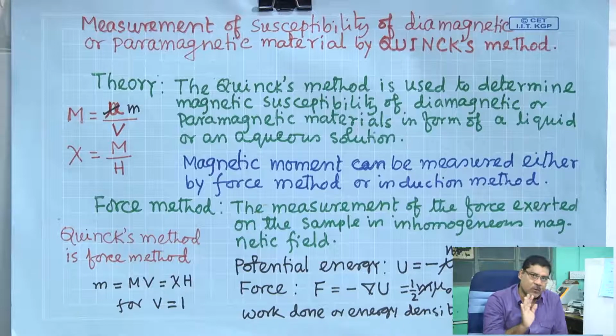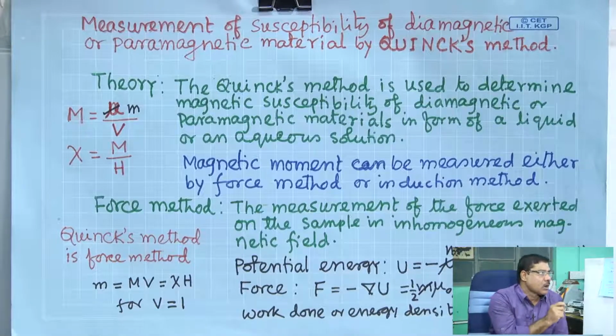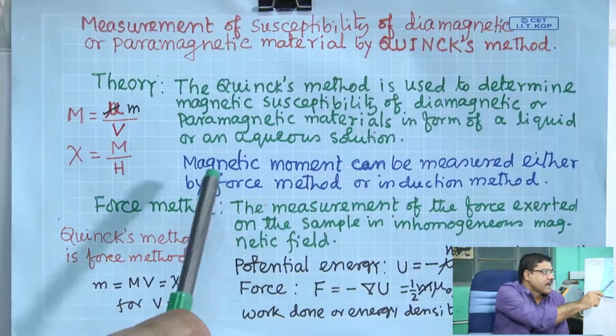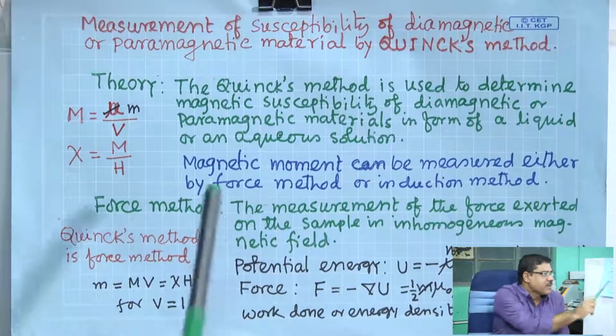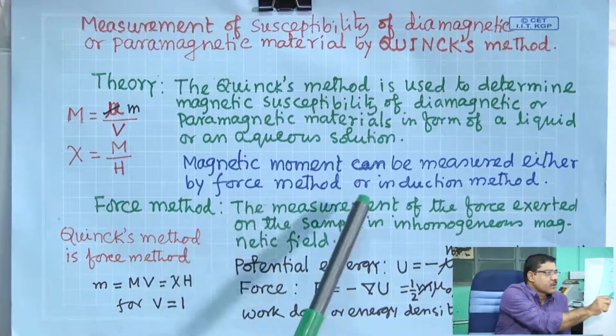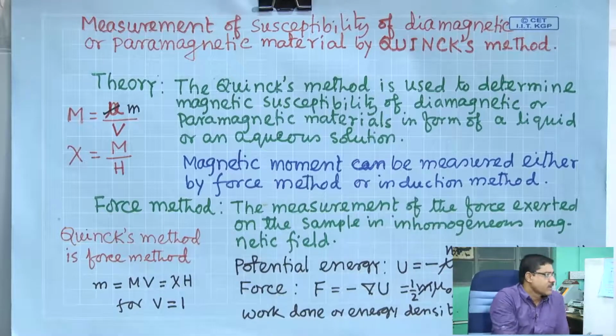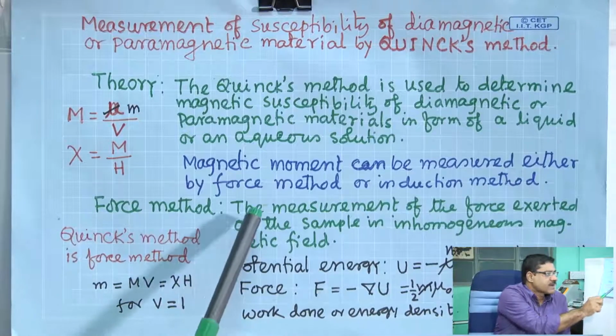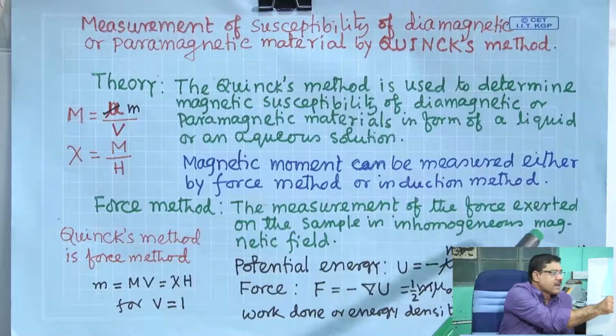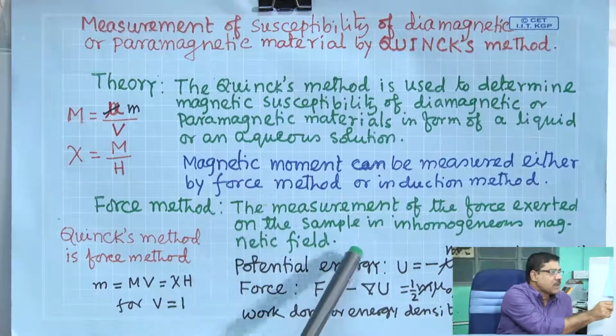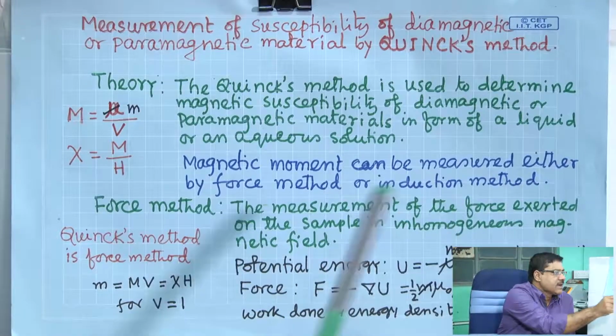So, this is called the force method. Quincke's method is basically a force method. Magnetic moment can be measured either by the force method or the induction method. The force method is the measurement of the force exerted on the sample in an inhomogeneous magnetic field.